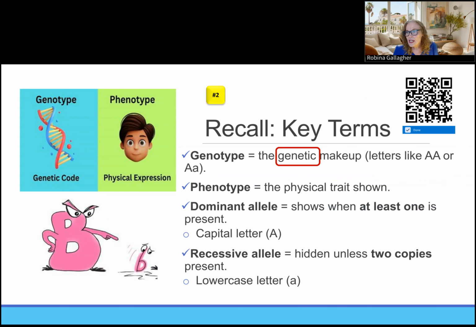Okay, here is question number 2. Just a review of our key terms. Remember that the genotype is the genetic makeup of an individual. When I say genetic makeup, we use letters to represent those alleles.